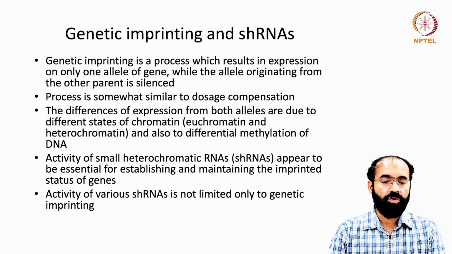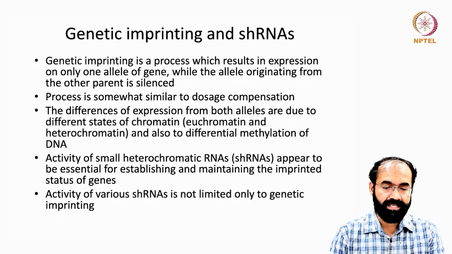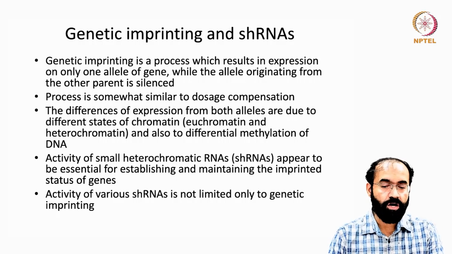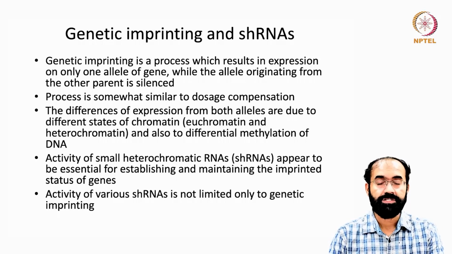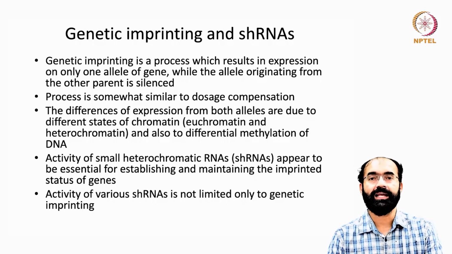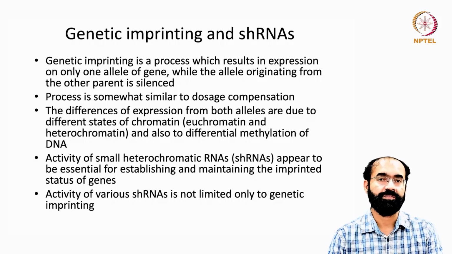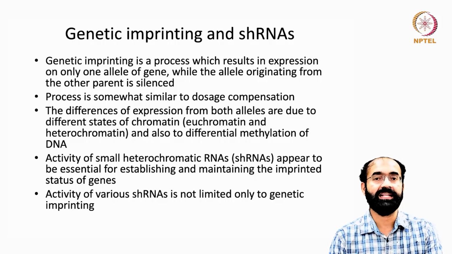So the activity of these heterochromatic RNAs, shRNA, is not limited only to genetic imprinting. They have many other roles, but shRNA plays a major role in the initiation and maintaining of this imprinted status. No leakiness is allowed.